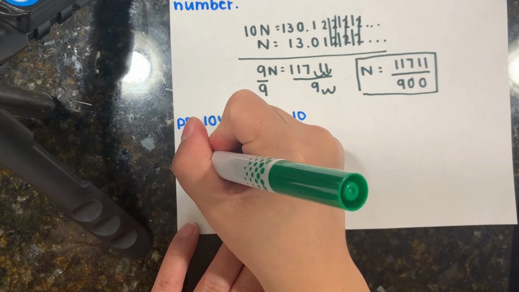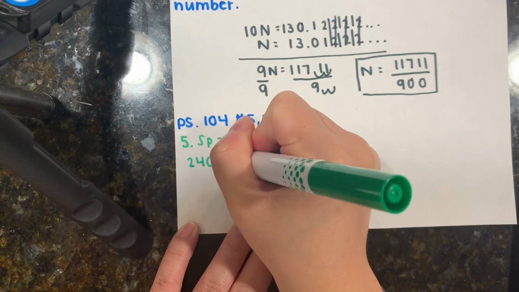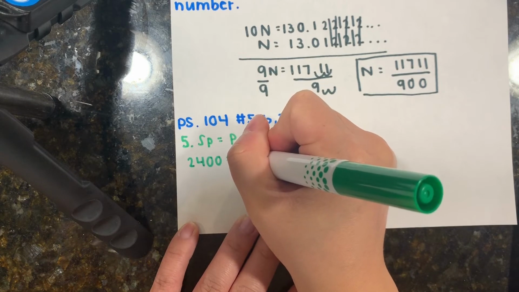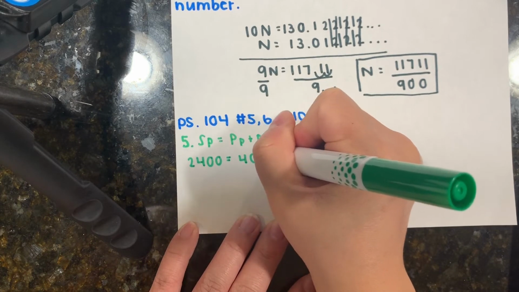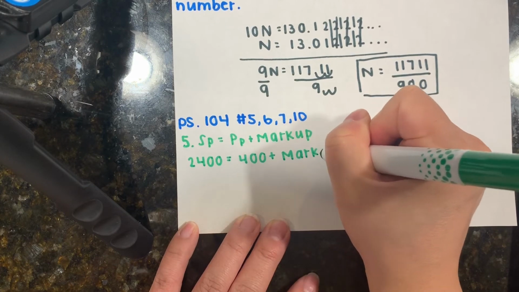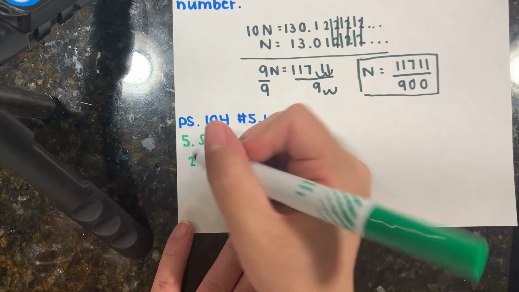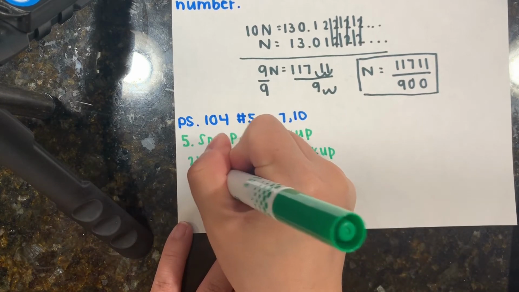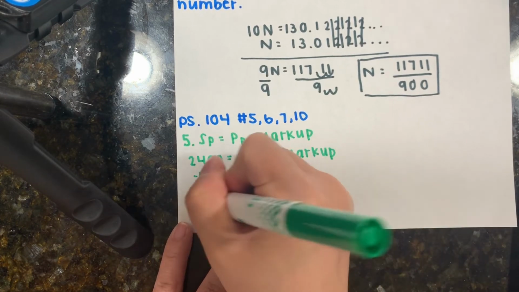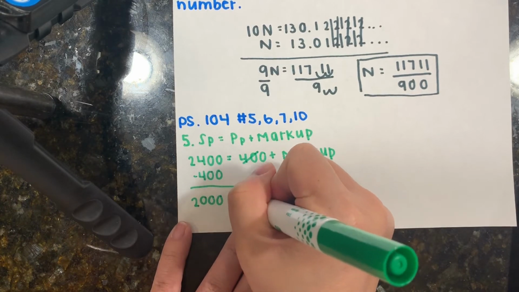So this would be $2,400 equals 400 plus markup. So if I subtract by 400, I basically get 2,000 is equal to the markup.